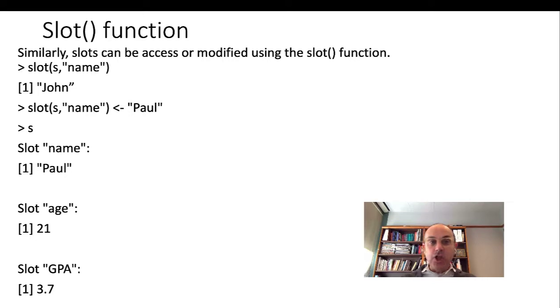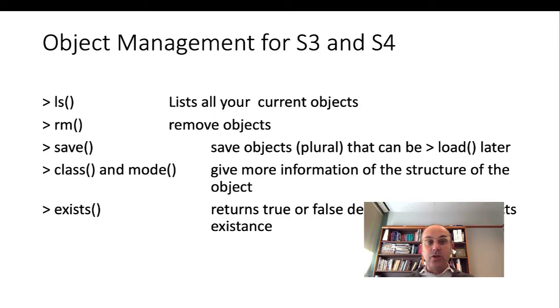So the slot function is again quite popular, and the ability to access or modify using a slot function, in this case, it will give us the ability to do that.